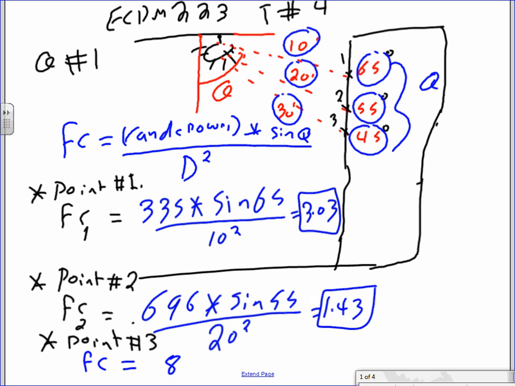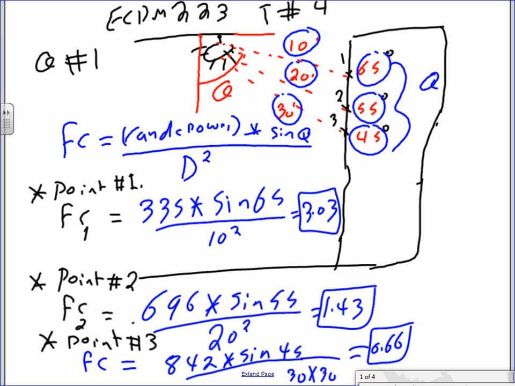We have 842 multiplied by sine 45, divided by the distance at 30, 30 times 30. Gentlemen, if you do your math on this, it should give you 0.66. Make sense? So that's point 1, 2, 3, guys.